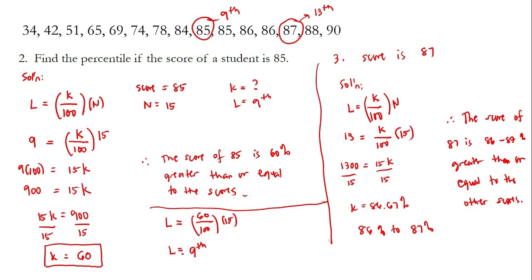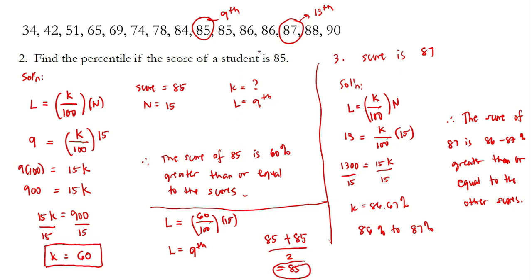But take note that we have a whole number, so we need to get the average of the 9th and 10th terms. As you can see, the 9th term is 85 and the 10th term is also 85. So 85 divided by 2 is just again 85. Okay, so we have a score of 85.